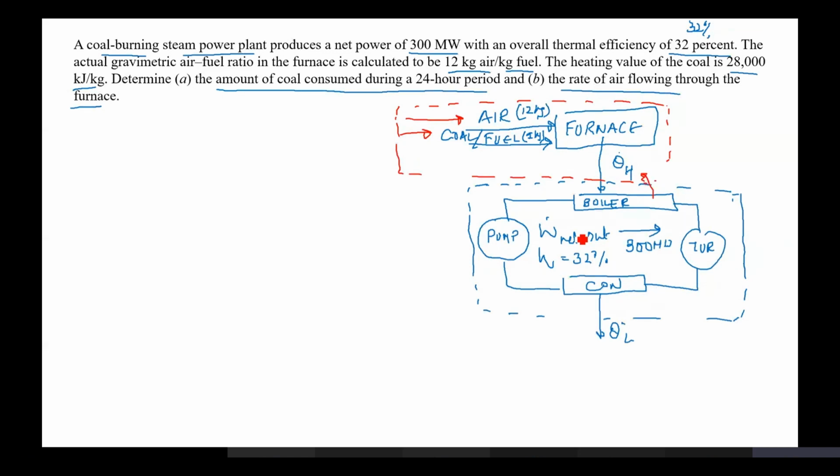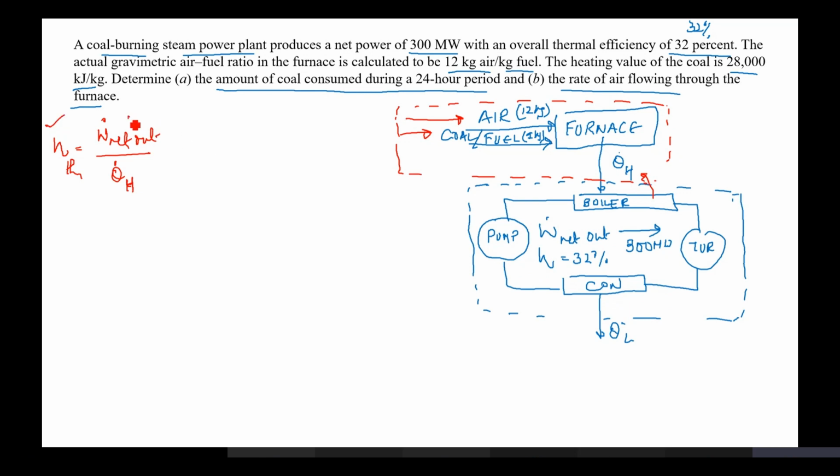Now if you are interested in this region, you have to move towards this region. So what is the first thing that I should find out? Q dot H. Very good. Heat supplied. Now, efficiency is given to me.